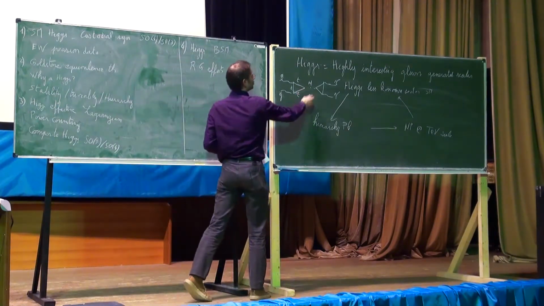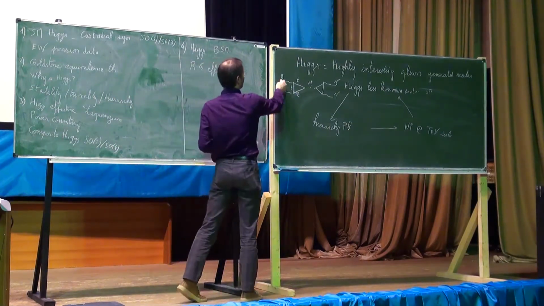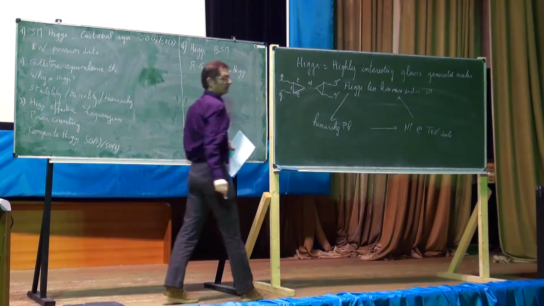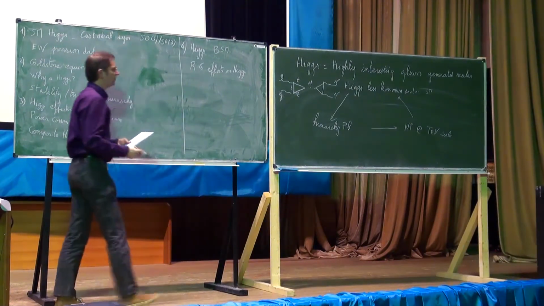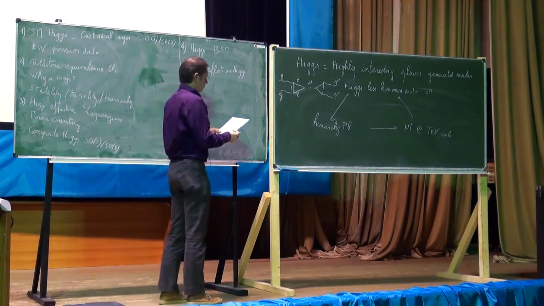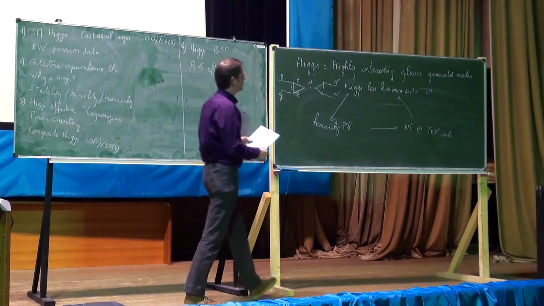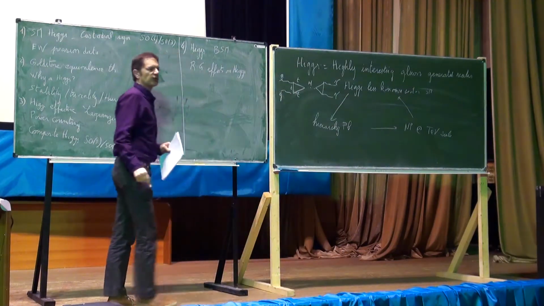Nonetheless, the dominant process at the LHC to search for the Higgs boson only involves massless particles, the gluon and the photon. So it's a purely radiative effect that really controls the physics of the Higgs. So the question is really whether the Higgs shows any departure from the Standard Model itself.